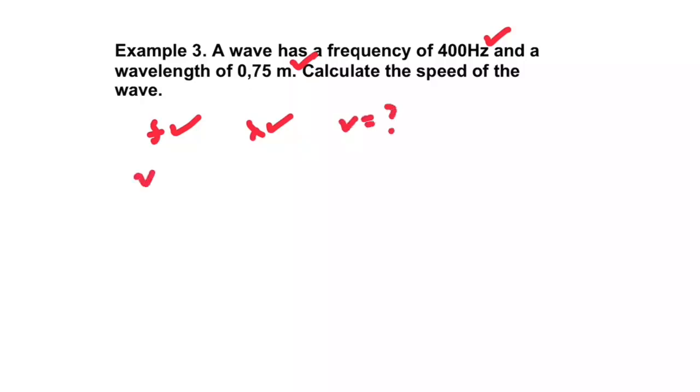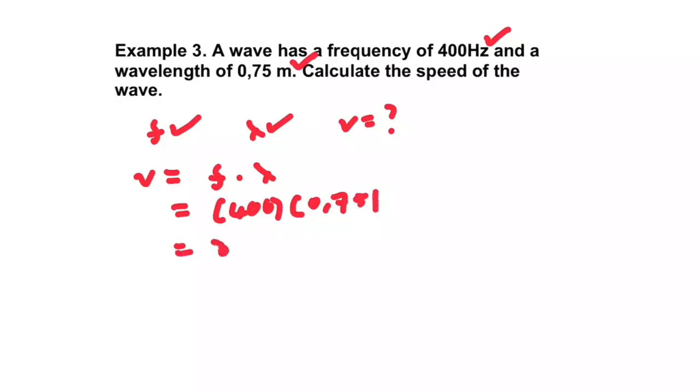So we're going to say that the wave speed is equal to the frequency multiplied by the wavelength. So we have 400 multiplied by 0.75, which is equal to 300 meters per second. And just like that, we have answered our question.